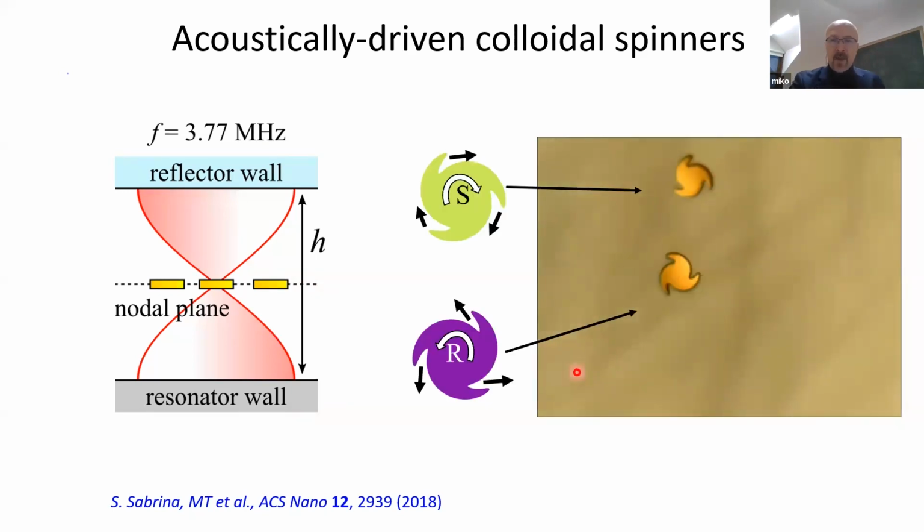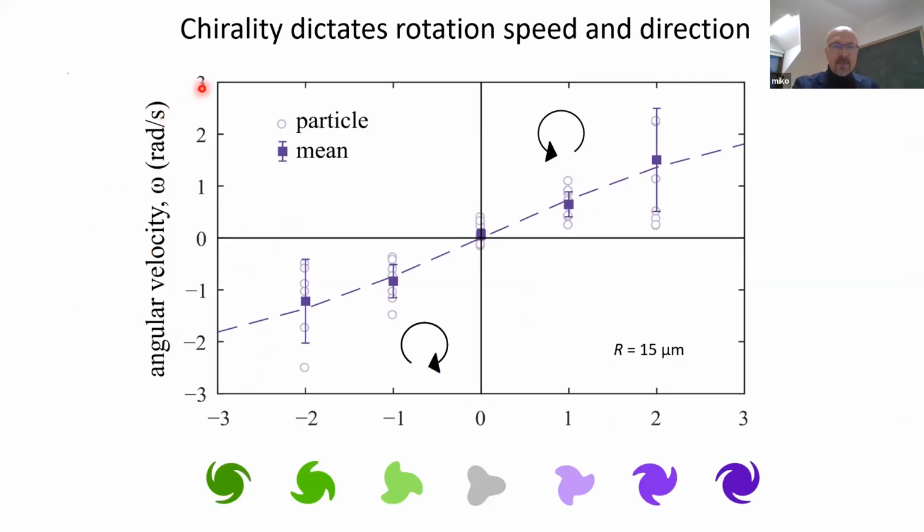So this video shows the motion of two examples, left chiral and right chiral, which we call spinners, moving in opposite directions. The question is, first of all, how the motion depends on these various shape parameters. The first graph shows the experimental quantification of the angular velocity. The vertical axis shows the angular velocity of spinners depending on the chiral asymmetry C. We change chiral asymmetry from -3 to +3, and the rotation sense changes from clockwise for negative C to anticlockwise.